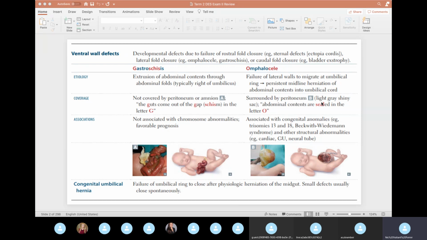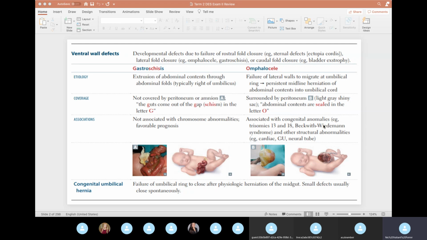Let's talk about gastroschisis. What is this? You have an extrusion of the abdominal contents through the abdominal folds, typically right of the umbilicus. It is not covered by peritoneum, and it is not associated with chromosomal abnormalities. Contrast that with omphalocele.